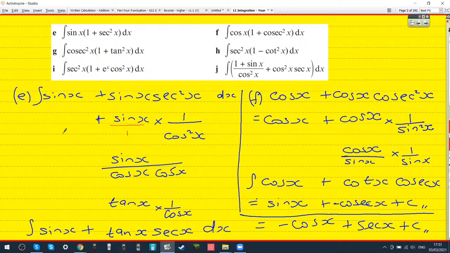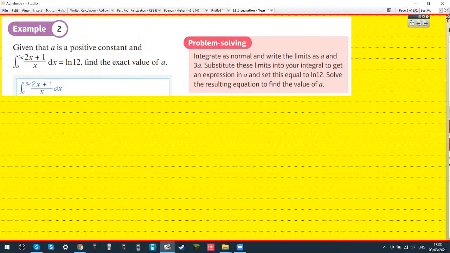All of these are going to be similar. Break it down fully to sin and cos, simplify, and then unbreak it down again. Put it back into being the reciprocal trig functions: cosec, sec, cot, whatever. Want to do more, or you think you get the idea with these? I kind of have the idea. You'll practice.